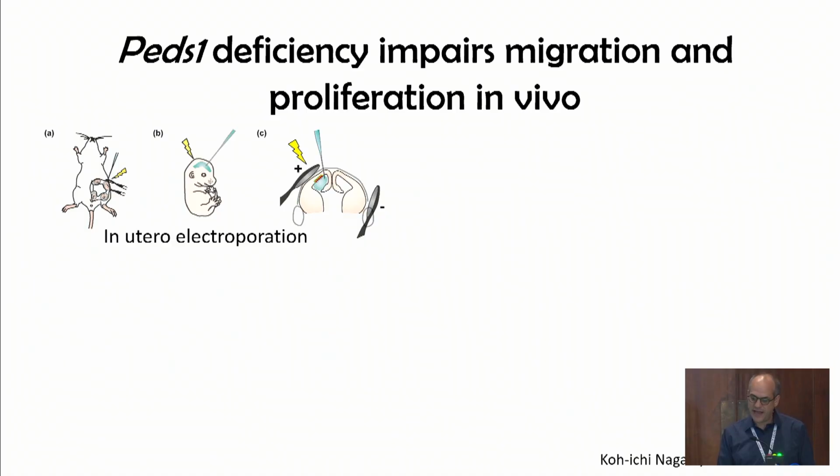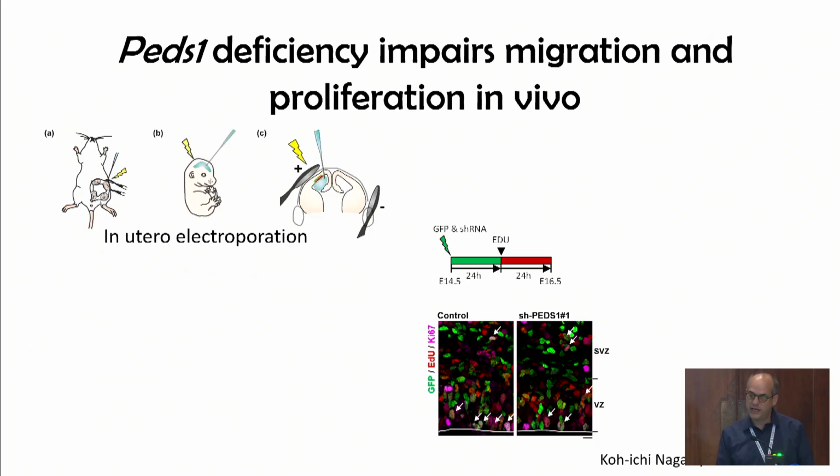We first looked at the cell cycle exit. This is done by injecting a construct with GFP and shRNA, knocking down PEDS1, and then after 24 hours you inject EdU to label the proliferating cells, and after another 24 hours the brains are dissected and labeled with Ki67.